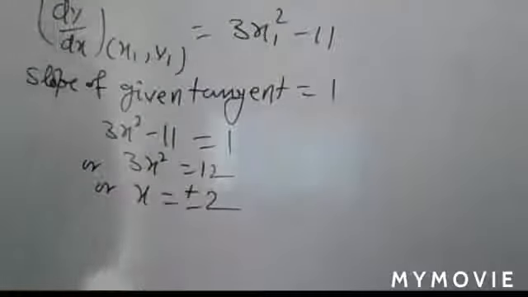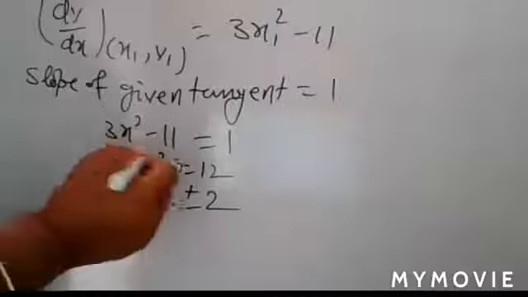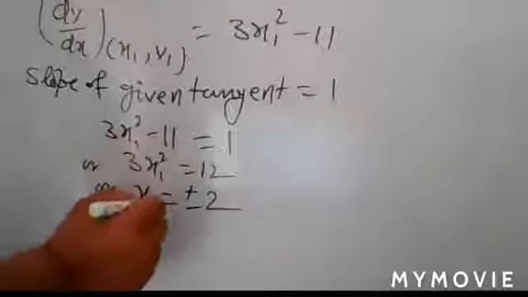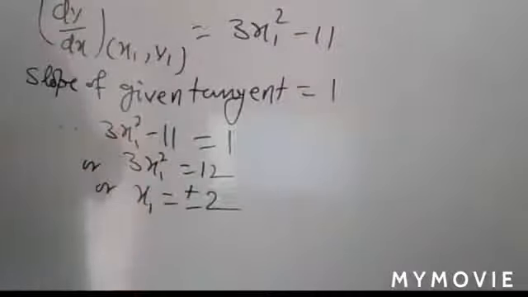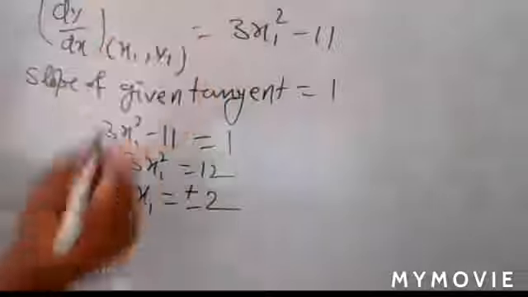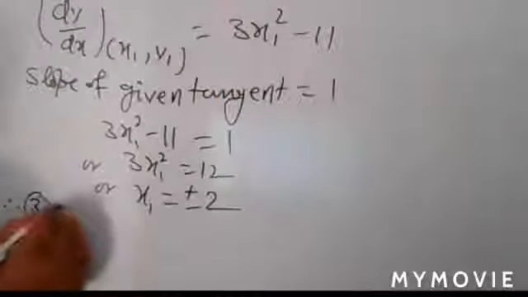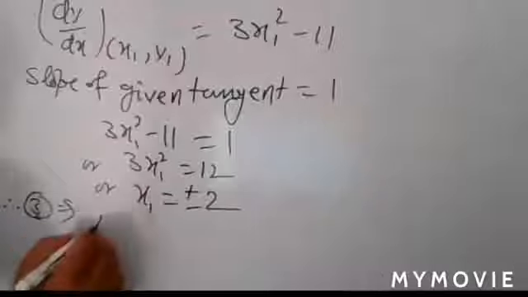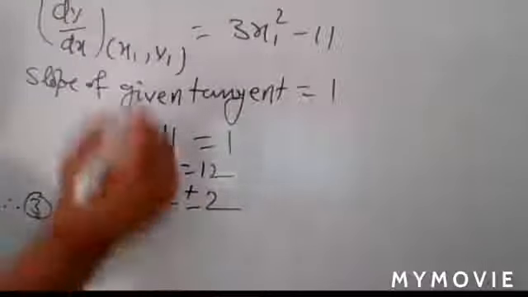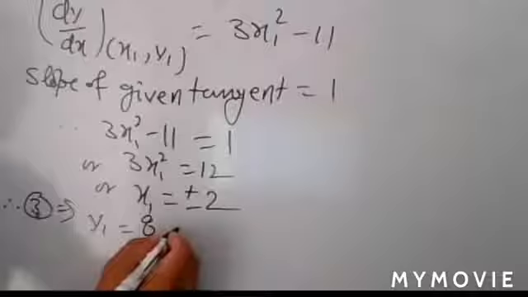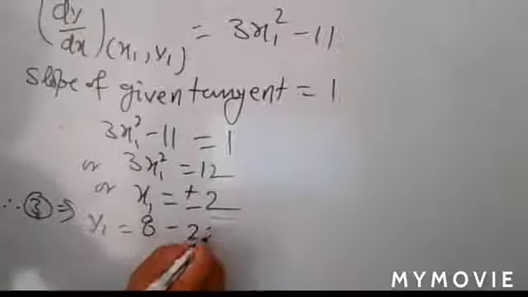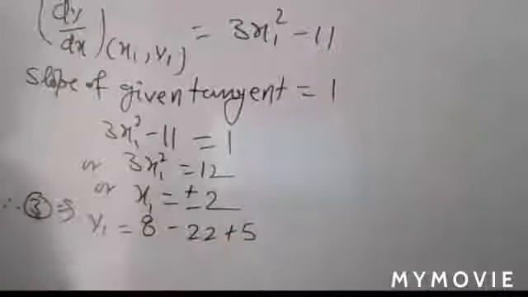Now putting that value of x1, you write here, the value of x1 is plus minus 2. Now put that value in the third equation and find the value of y1. So y1 is equal to, if you put x is equal to 2, you have 8 minus 22 plus 5.